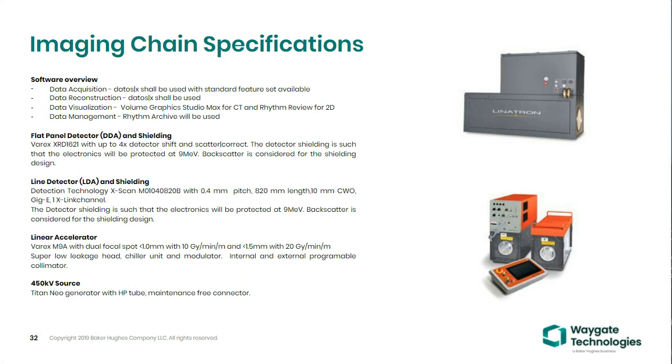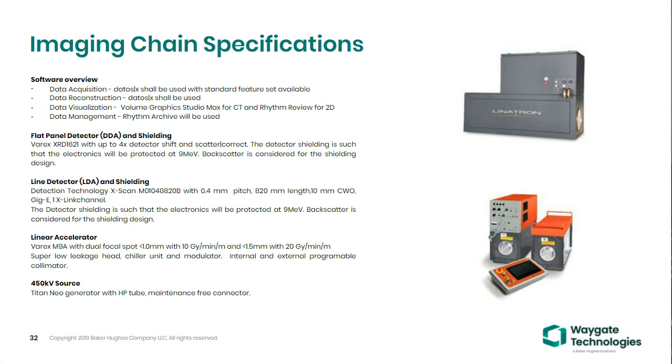Then we've got a linear accelerator, and we decided to choose a 9 MeV with dual focal spot: less than 1 millimeter focal spot and then less than 1.5. For a lot of the components that we wanted to see, the focal spot was going to be one of the limiting factors in our ability to achieve resolution for a lot of these additive components, so we went this direction.